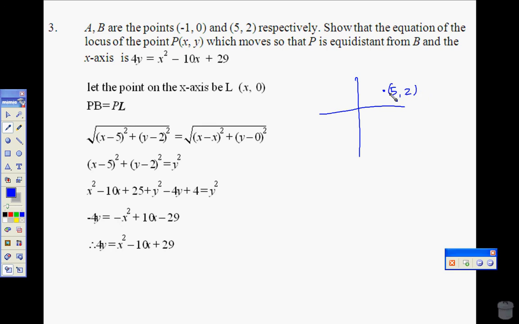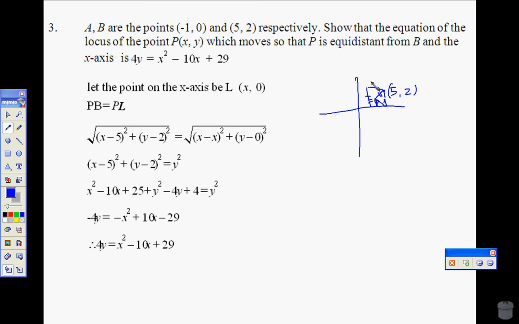And our point P this time moves such that it would be equidistant from (5, 2) and the x-axis. So basically that point's going to be equidistant, but so would a point that's there, and so would a point that's there. So we should be going straight down.